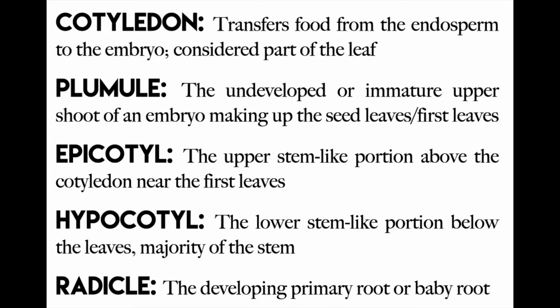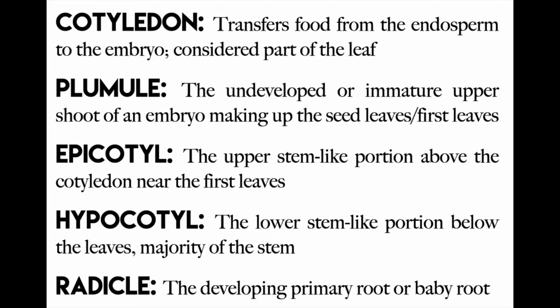The epicotyl is the upper portion connecting to the seed leaves. Some resources may consider the epicotyl, epi meaning on top, as including the plumule. So it may say the epicotyl is the upper portion and the seed leaves. Yes, but other resources may say no, the plumule is separate from the epicotyl. So be aware that there's some overlap in different resources.